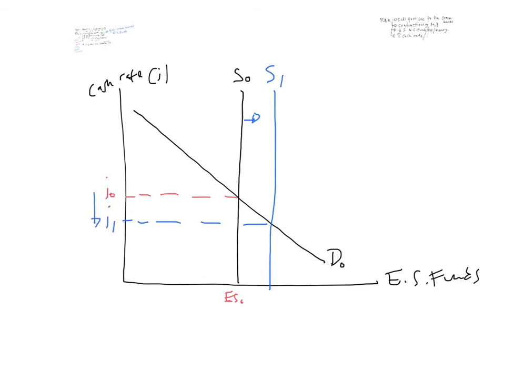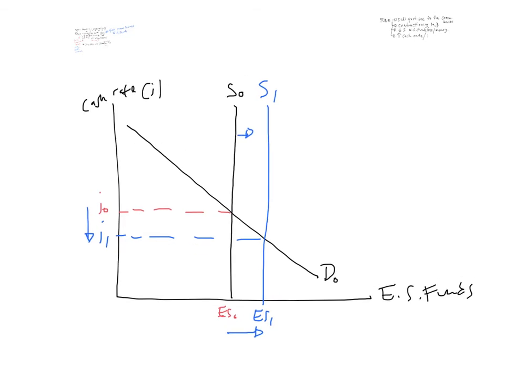The interest rate or the cash rate falls to I1, and there's an increase in the amount of exchange settlements available in the economy to ES1. So this is an example of running expansionary monetary policy. The lower cash rate, if you remember, we've got aggregate expenditure equals aggregate demand equals C plus I plus G. So we're interested in this I over here. When you reduce the interest rate, it makes it cheaper for businesses to borrow money. Businesses will borrow more money, and that will boost aggregate expenditure and improve the economy. Expansionary monetary policy.